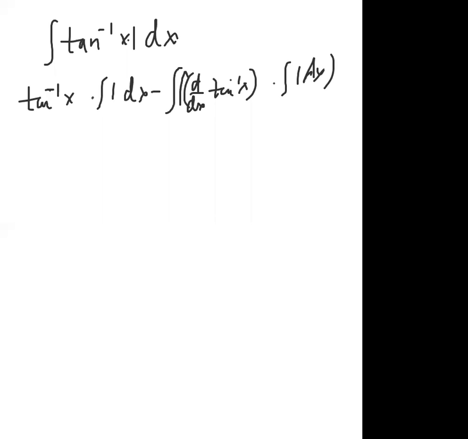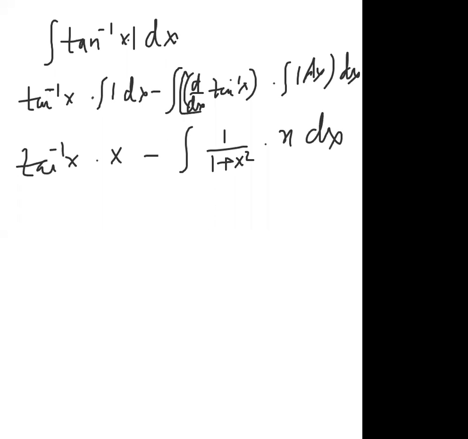The whole integral is there, so that dx will be coming over here. So tan inverse x times the integral of 1 with respect to x, which is x, minus integral of the derivative of tan inverse x, which is 1 upon 1 plus x square, into the integral of 1, which is x, dx.